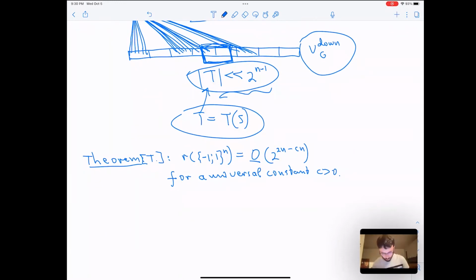So if my computations are correct, and this is the first draft and I may have made some mistakes, my computations give c can be chosen of this order. So not a big improvement really, assuming that n is sufficiently large, we can remove this big O, just write less than or equal to 2 to the 2n minus cn.